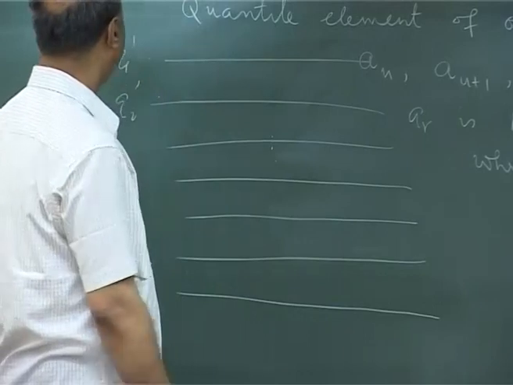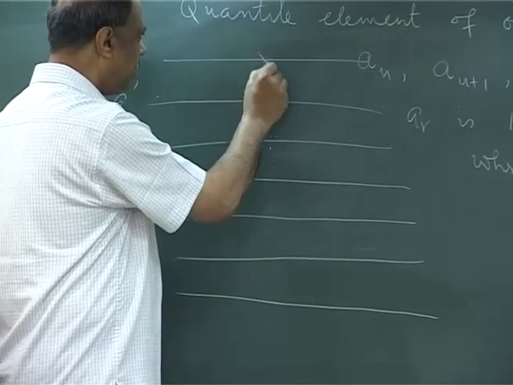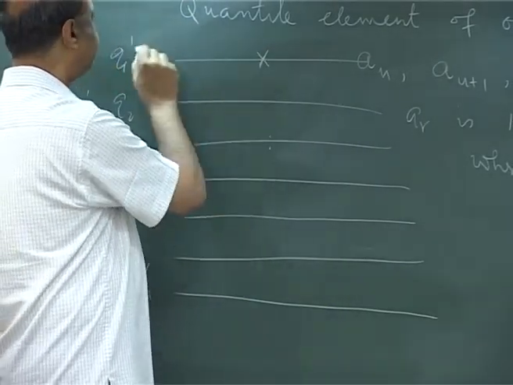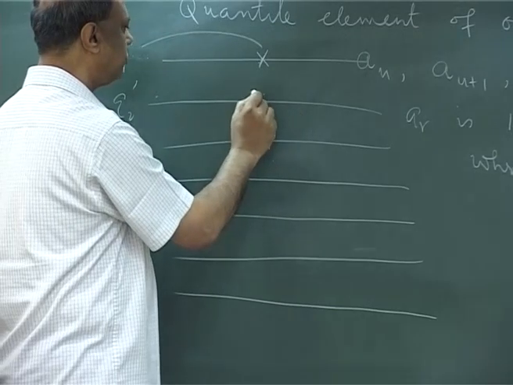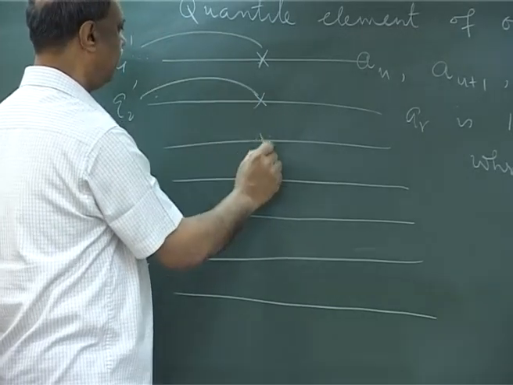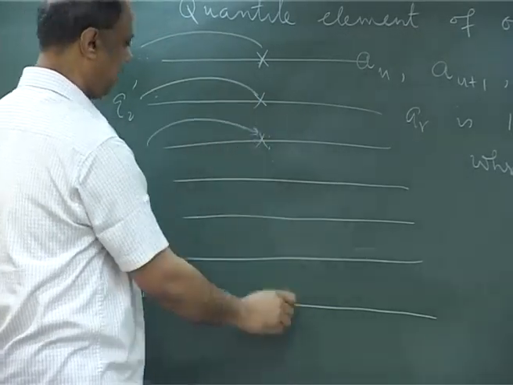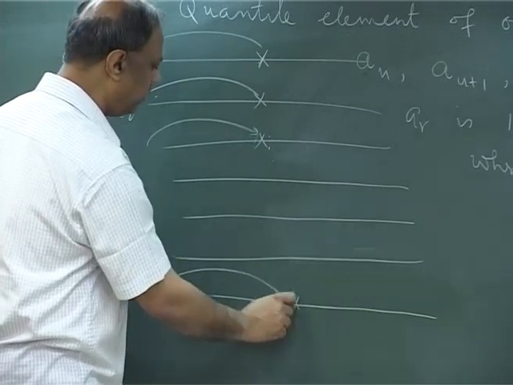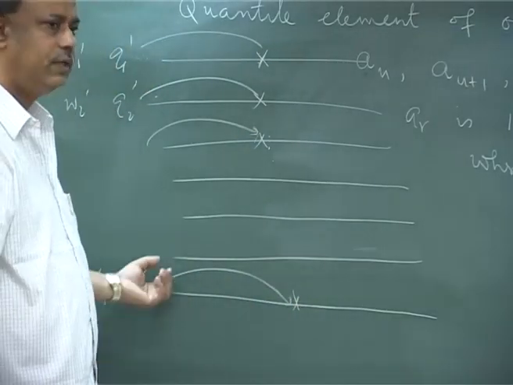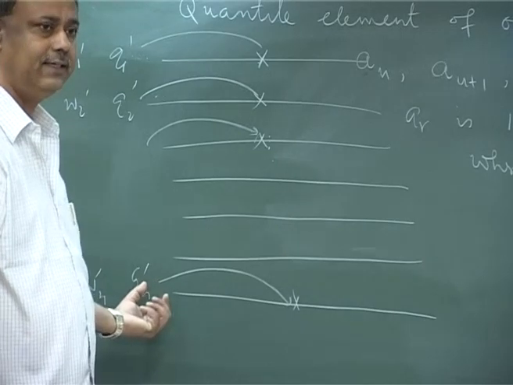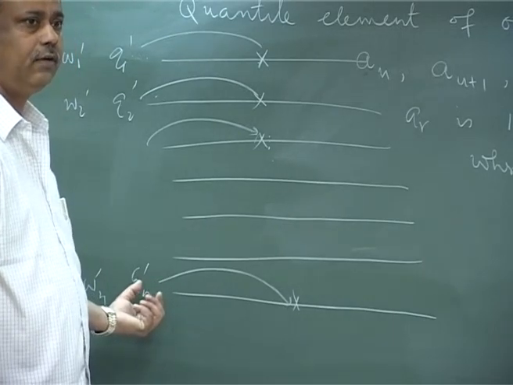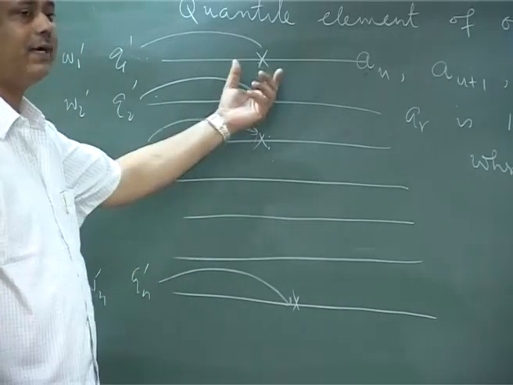Right? Each of these is, for its own row, the quantile.